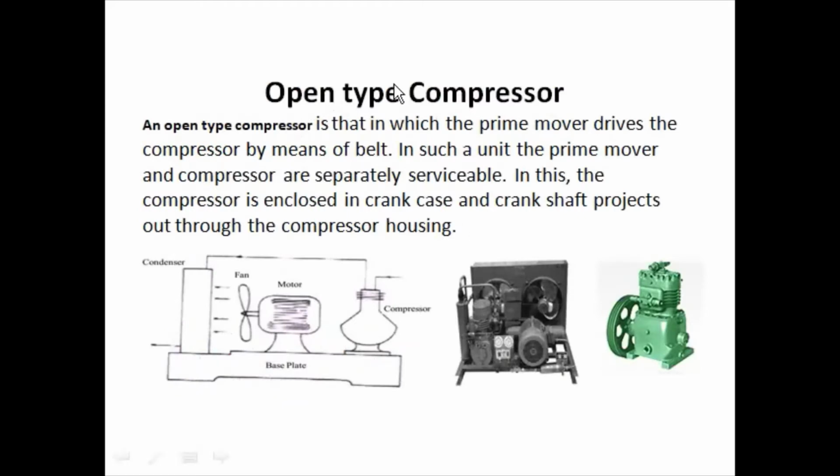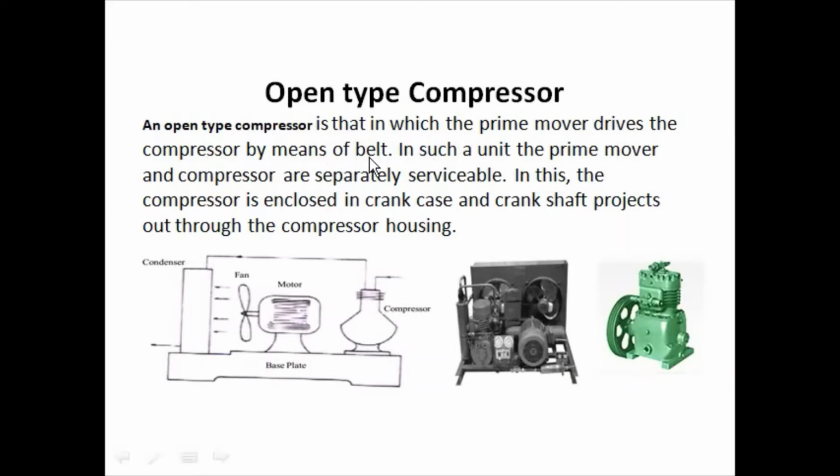Open type compressor, as you see, its construction and also the meaning is available here. An open type compressor is one in which the prime mover drives the compressor by means of a belt.